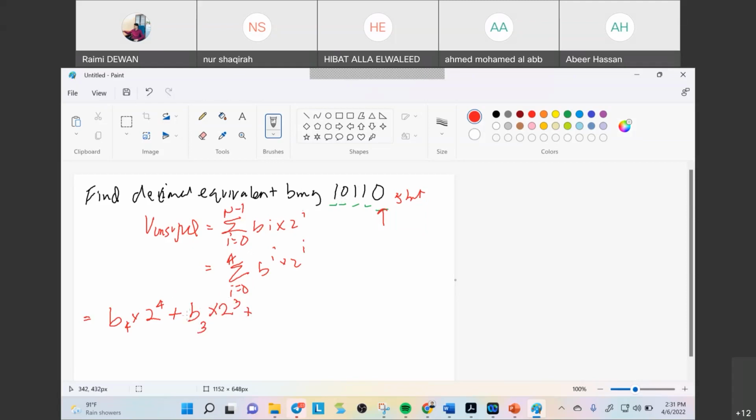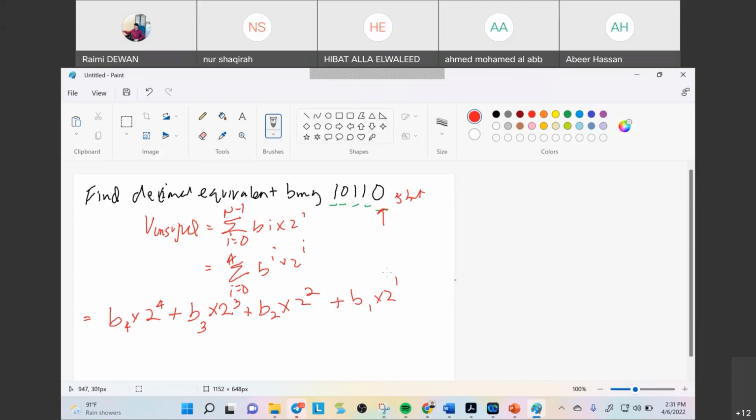So you have 4, 3, and you have 2 now. Next, we have B2 times 2 to the power of 2. So you have 4, 3, 2, and what about 1? So you have B1 times 2 to the power of 1.